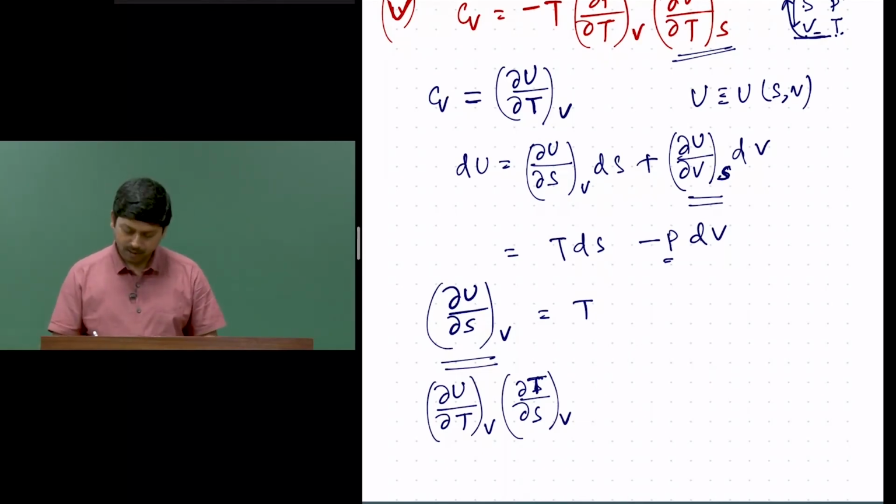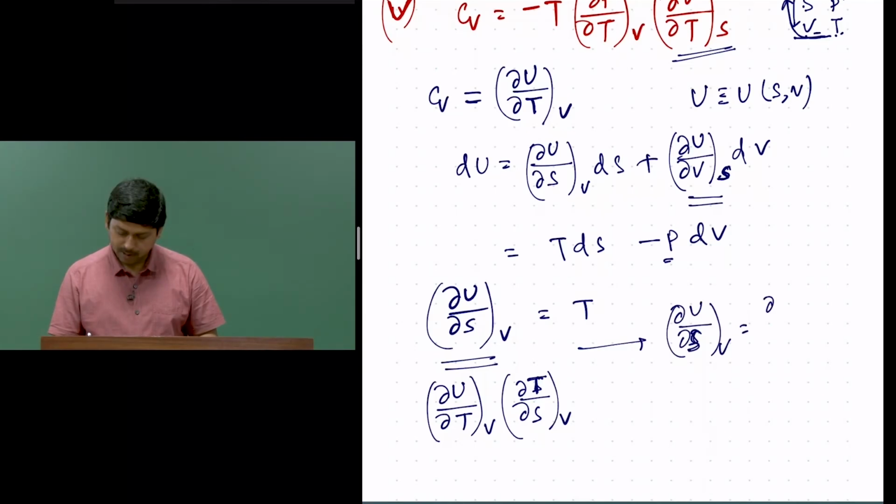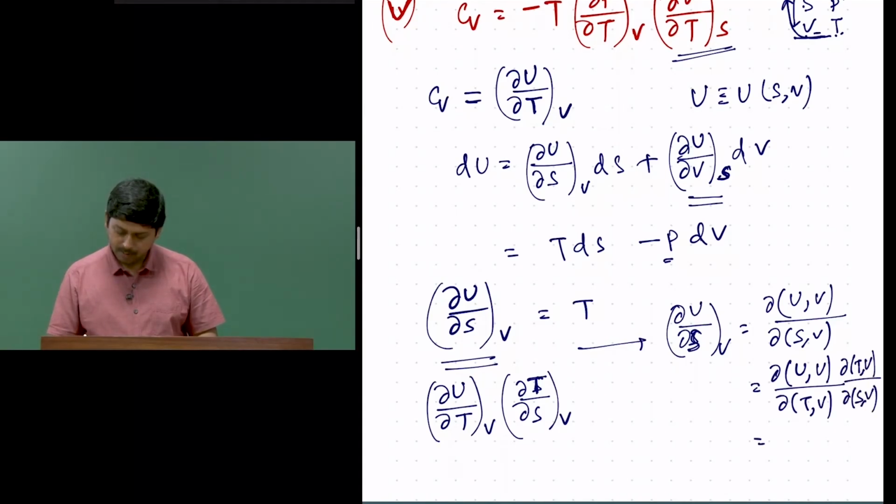Let us see, use Jacobian and show you. This quantity del u by del s at a constant v is nothing but del (u, v) by del (s, v). So, I wrote del (u, v) by del (t, v), and then del (t, v) by del (s, v). Now, that becomes del u by del t at a constant v, and this becomes del t by del s at a constant v. So, I can write that.